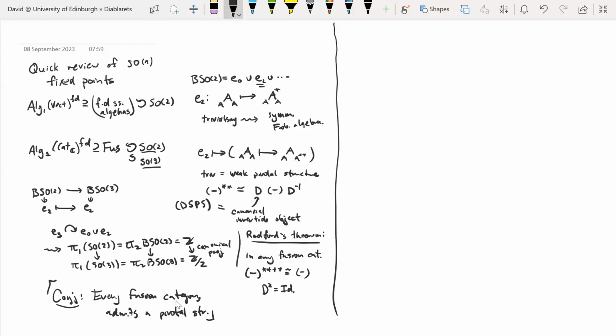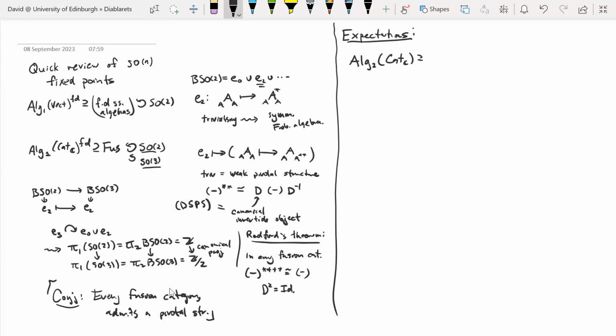Okay, so now let me go on to the higher dimensions, and I'm just going to state expectations. I think that some of these expectations are in the process of being proven by various people, especially Douglas, Schommer-Pries, and Snyder, but I think also Ayala and Francis, working in a different context. So let's look now at Alg 2 in categories.